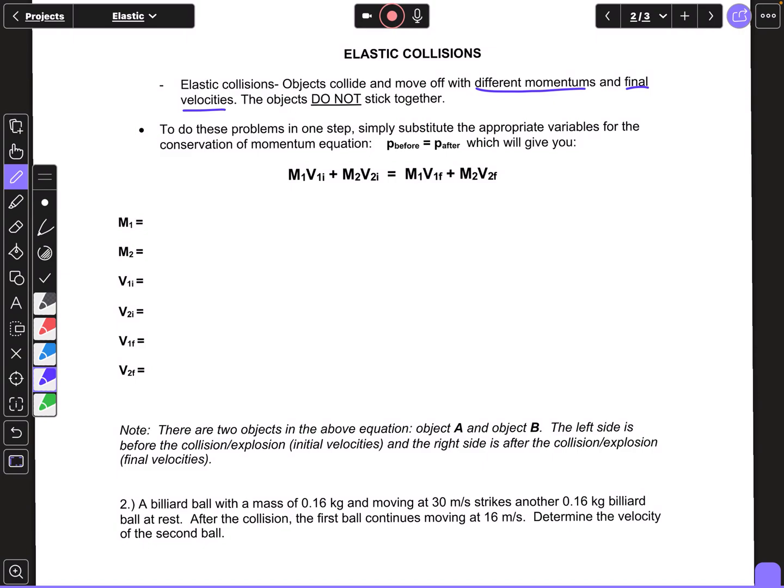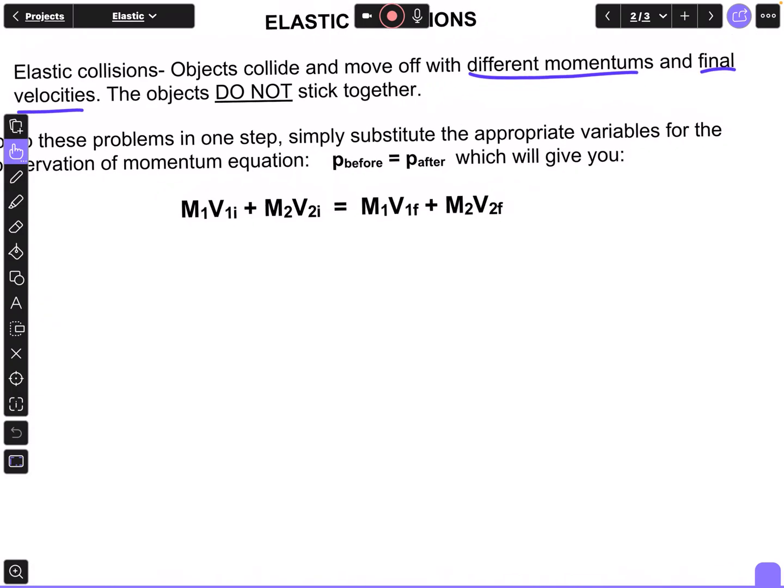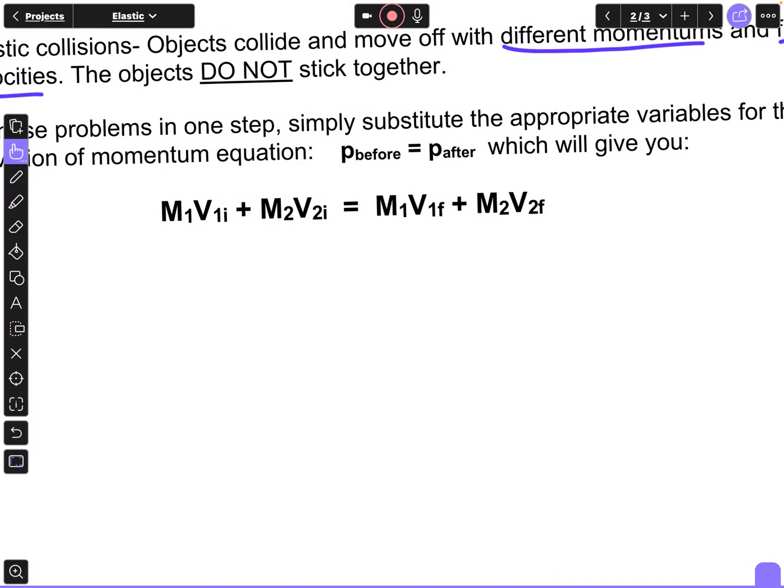P before equals P after, which will give you the equation you're going to need to use for elastic collisions. It'll be a little bit different; we'll modify this equation when we work problems for inelastic collisions tomorrow.